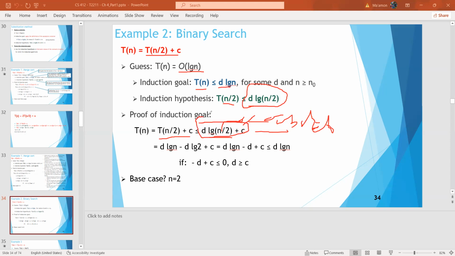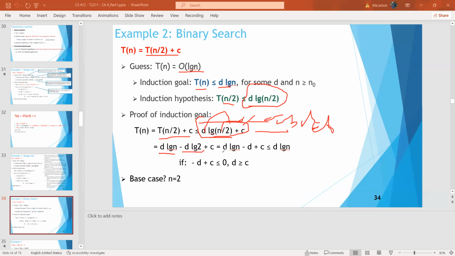We will prove that by writing d log n minus d log 2, so we have substituted the division operator with subtraction, and we have multiplied d by log n and d by log 2. So now we have d log n minus d log 2 plus c.